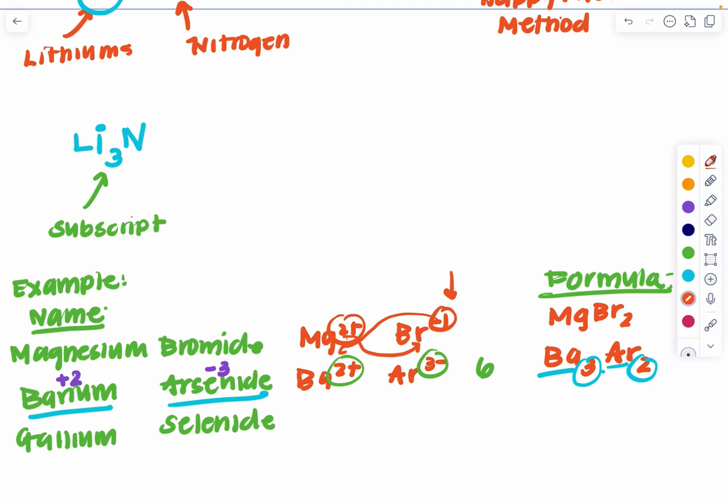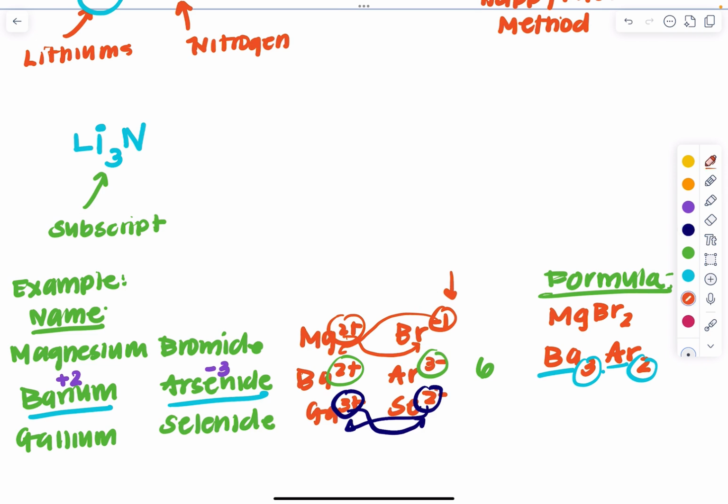Last one, we have gallium, which is +3. And we have selenium, which is -2. So kind of the same explanation. I'll just use the happy face method. I'm going to put the charge of selenium as the subscript for gallium and the charge for gallium as the subscript for selenium.